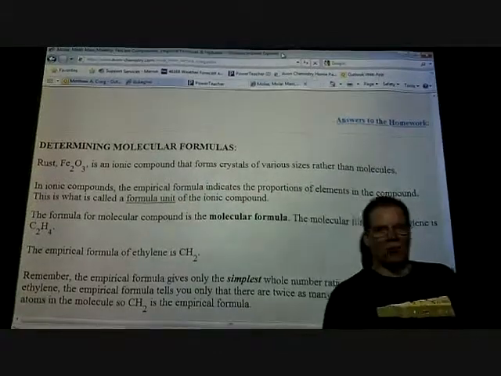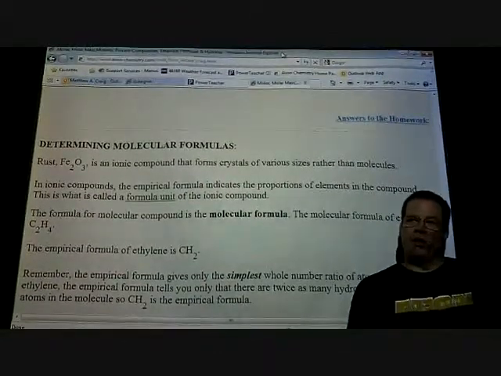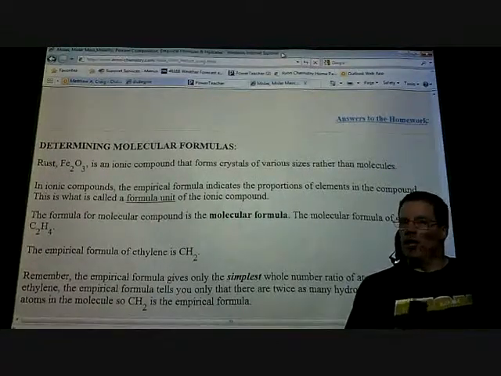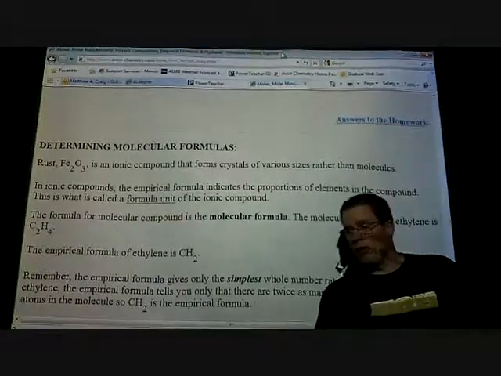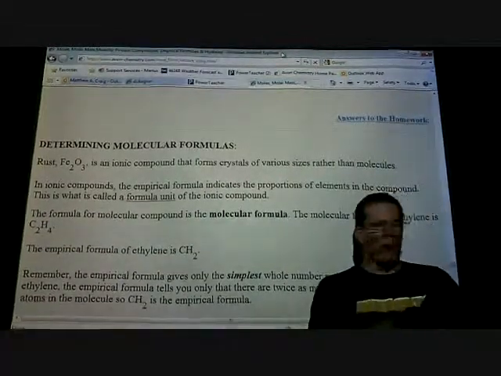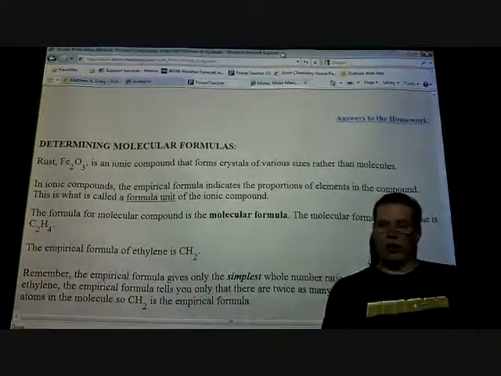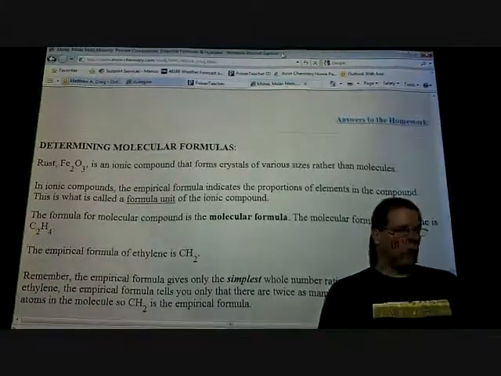Molecular formulas. When doing molecular formulas, typically, unless I'm a nice guy, you need to determine the empirical formula. Sometimes I will give you the empirical formula so then we can just solve for the molecular. That doesn't mean anything to you yet because we haven't worked any problems out. But molecular formulas are not the smallest whole number ratio.